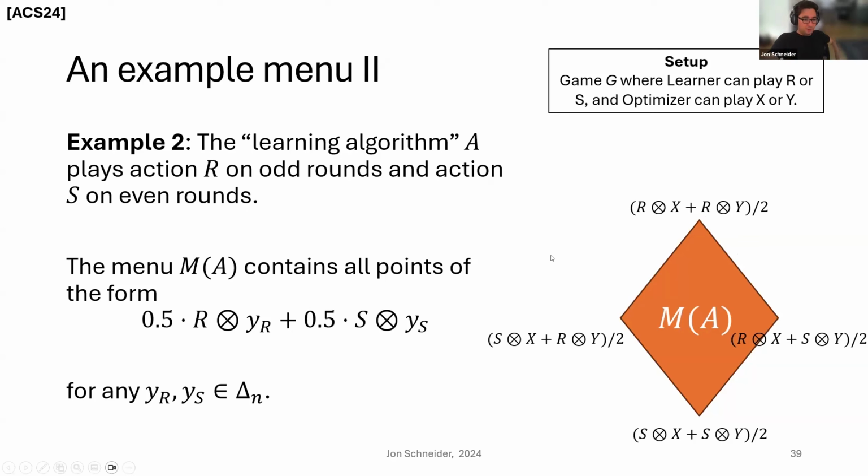The intuition is that you can play Y sub R on odd rounds and Y sub S on even rounds and get a point like this, and there's nothing else you can really do. Hopefully this gives you some intuition for what a menu of a learning algorithm looks like.